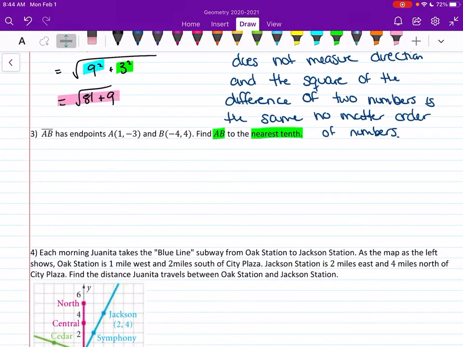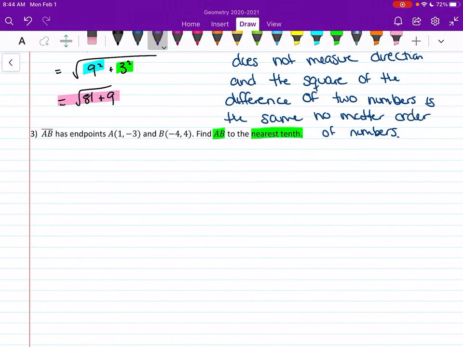All right, here we go. Let's do this problem. So for my distance, we need to figure out which points are x1 and x2. It doesn't matter. So x1, y1, let's call that the first point, and x2, y2, the second point. Then my distance is going to be the square root of (-4 minus 1) quantity squared plus (4 minus -3) quantity squared.